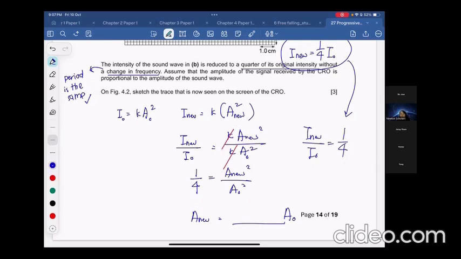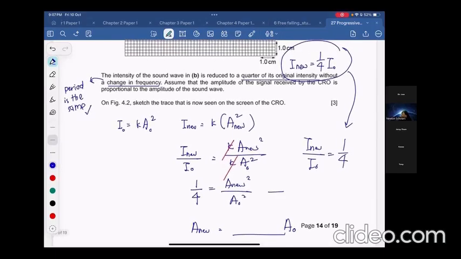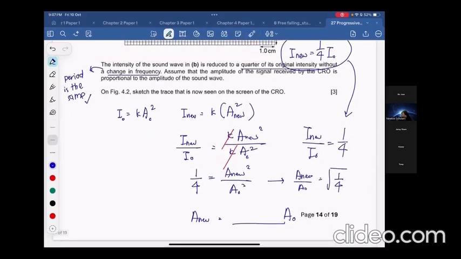Is it 1 over 4, Wesley? No. Correct. So you get A new over A original, because this is squared, so we square root 1 over 4. At the end, you will get A new equals 1 over 2 A original.